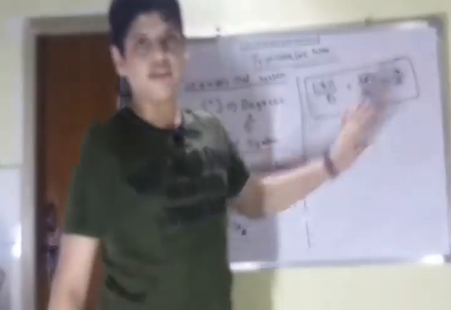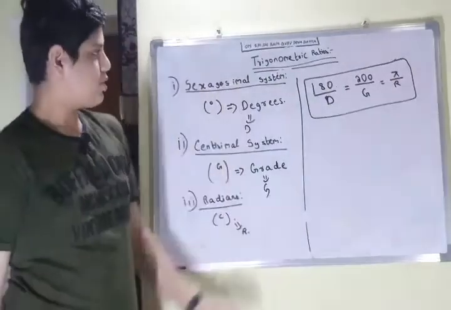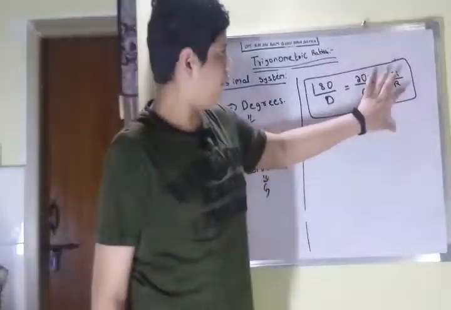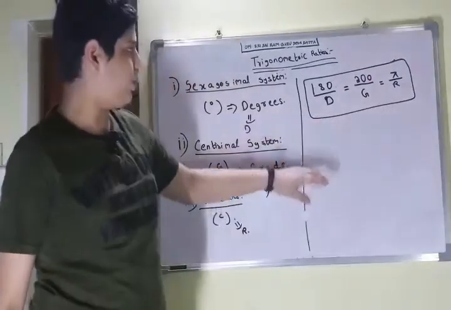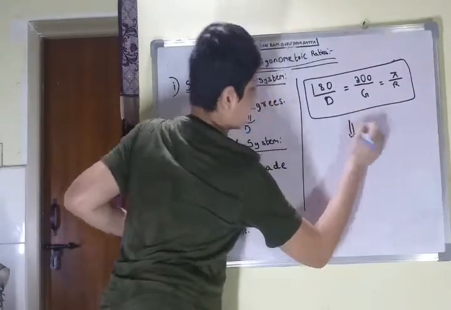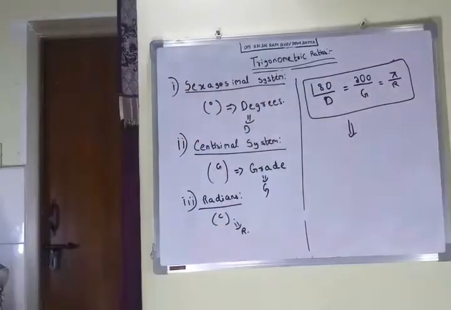Here pi means 180 degrees. So in radians we use pi to measure, so we have to denote it with pi. You cannot convert it to 180 here. So this is an important conversion.